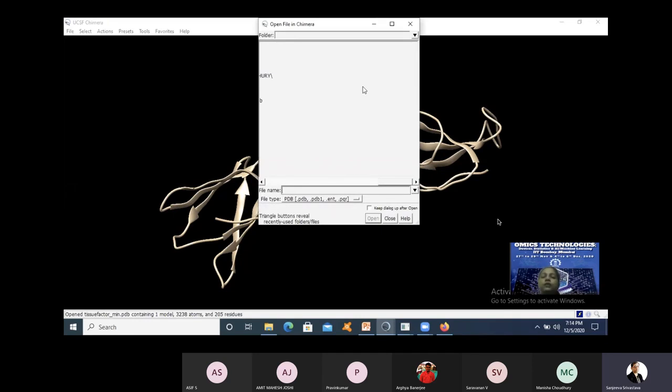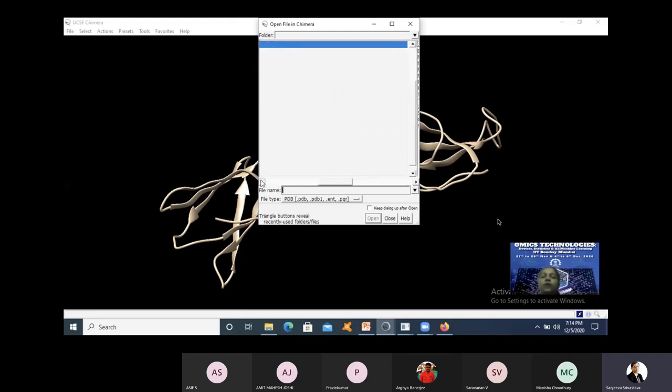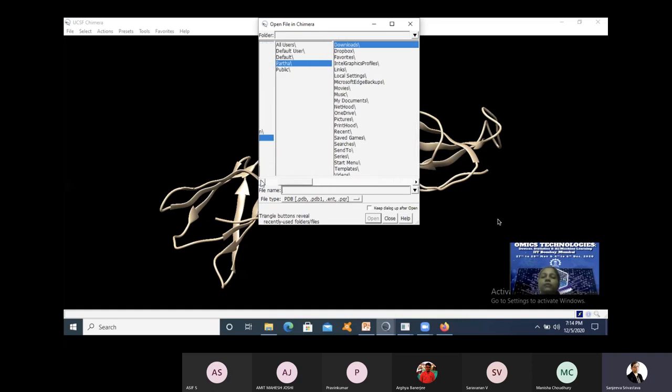Now I want to see the wild type only tissue factor and the tissue factor which is present in the complex, so how different have they become in their orientation. So is there any orientation difference between the two proteins?